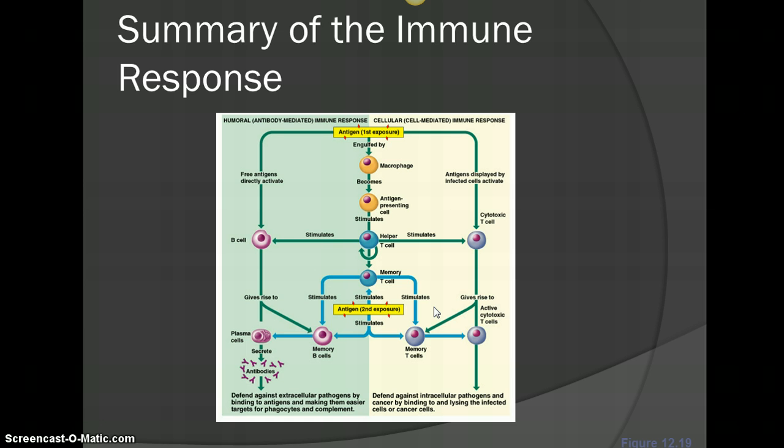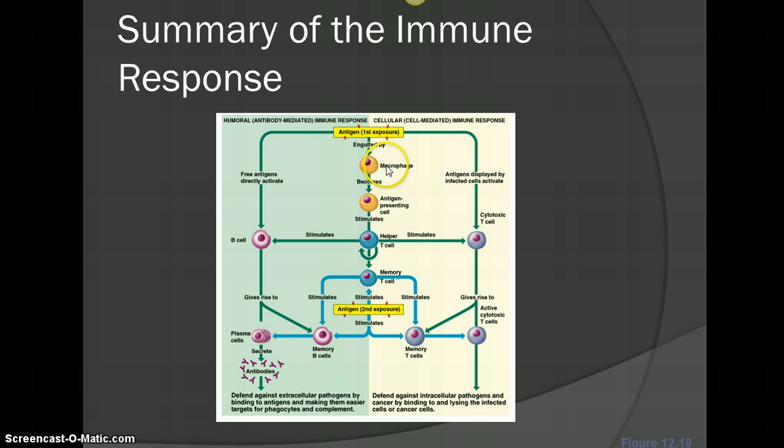And so this is just an overall what's going on. So you have your humoral over here on the left and cellular over here on the right, which is really just B cells versus T cells. So first exposure, some of the antigens could go over and activate the B or T cells.